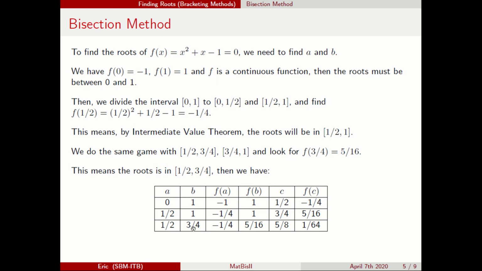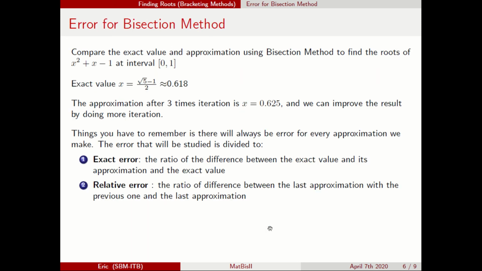You're right. It must be between A and C. Why? Because FA is negative and FC is positive. Negative and positive, there will always be just one value between A and C that gives you F of that value equals 0.